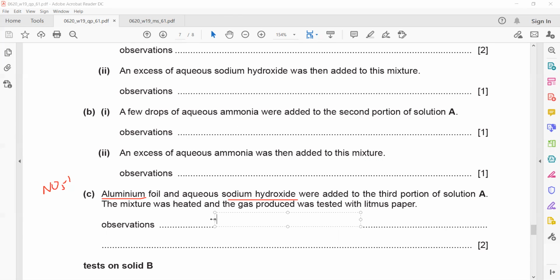Even pungent gas is acceptable because that is ammonia gas. One mark is for mentioning the bubbles of gas, and the second mark is for mentioning the litmus paper turned blue.